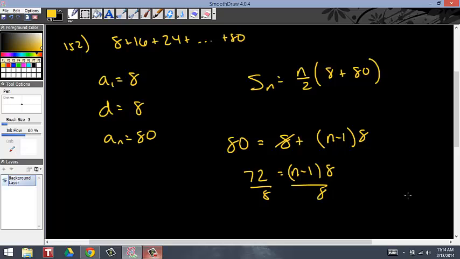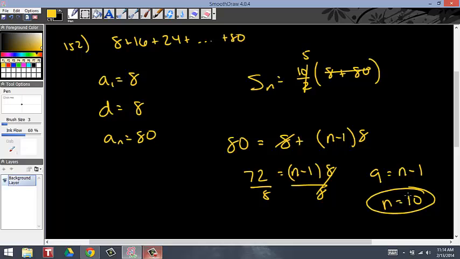Divide by 8. 9 equals n minus 1. N equals 10. So this becomes a 10 now. 5. What is 5 times 88? 440. Bam. Done.